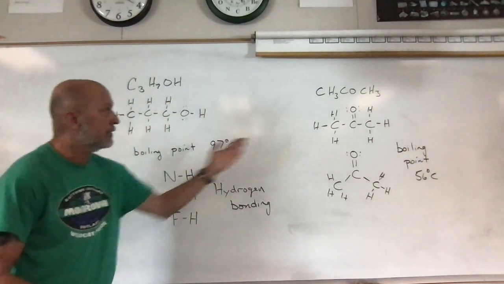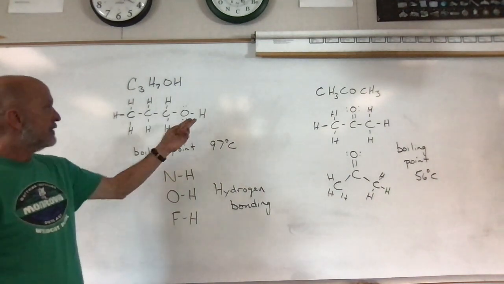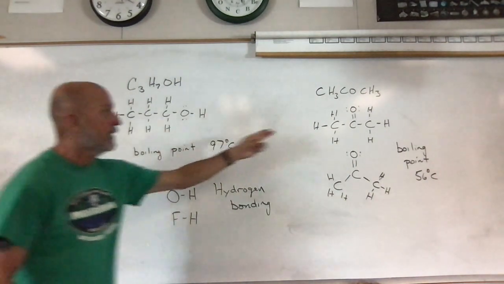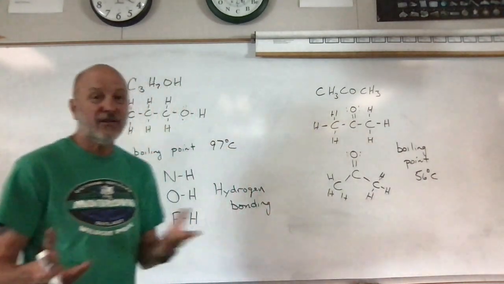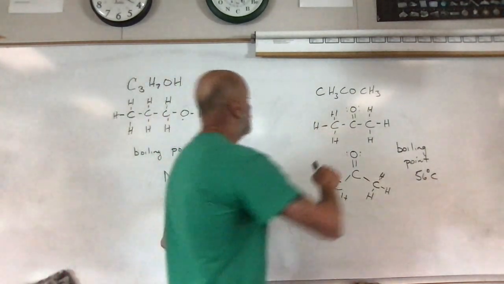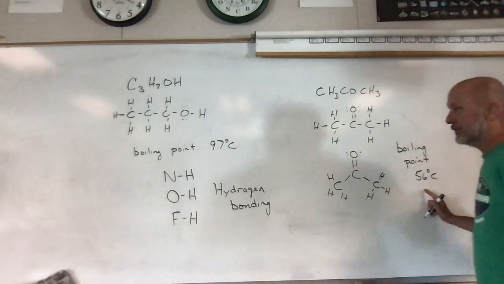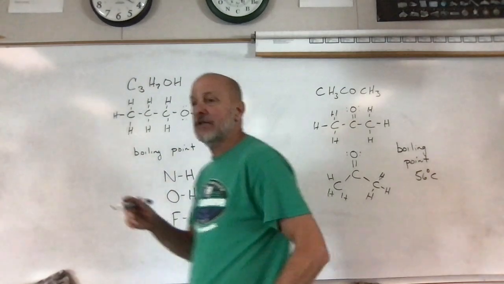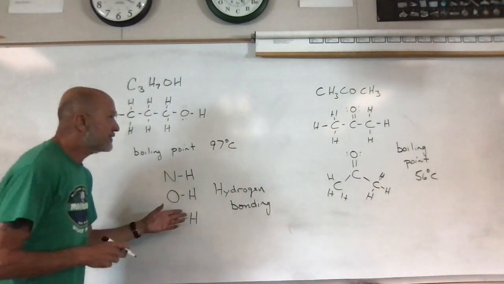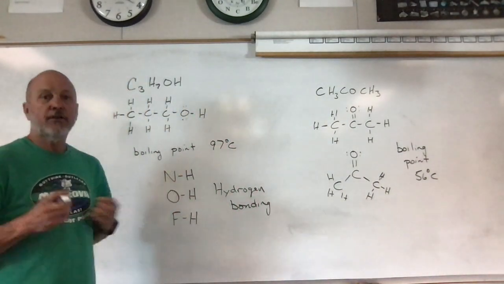2 very similar molecules in a lot of ways. This one has the OH bond, that one has oxygen, but these H's are bonded to not very electronegative carbon. So it doesn't have the OH bond. Look at the difference in boiling point, 56 degrees up to 97, stronger attraction. Hydrogen bonding is stronger than dipole-dipole.